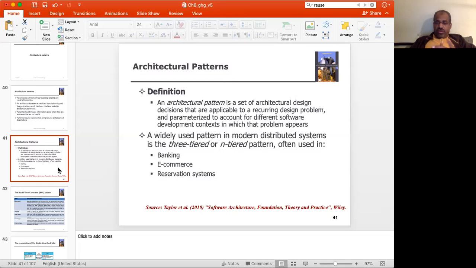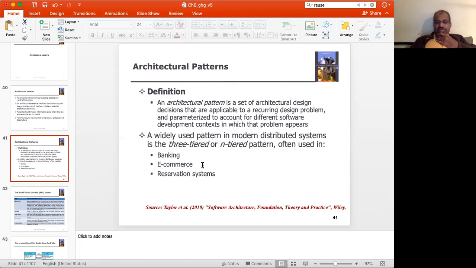So there's a pattern to help you organize the software that would maintain and take care of data on the database. And these are parameterized to account for different software development contexts, because the context will be different. So there are parameters or variation points so that you can adapt the particular template or pattern to a particular software design problem.